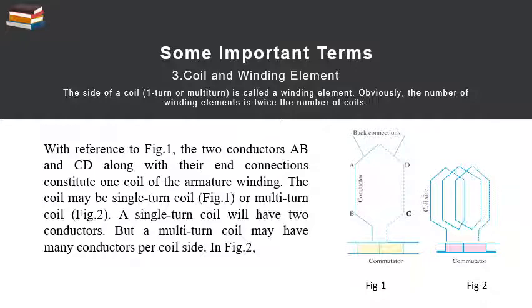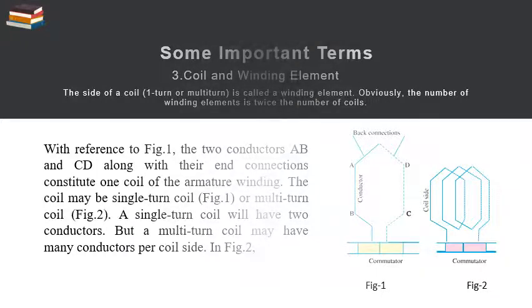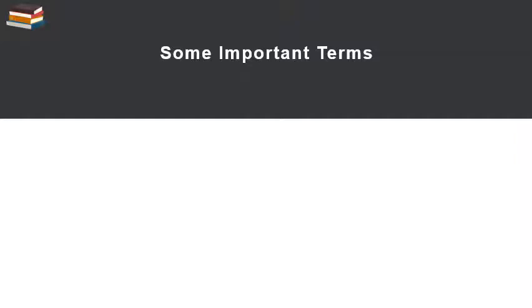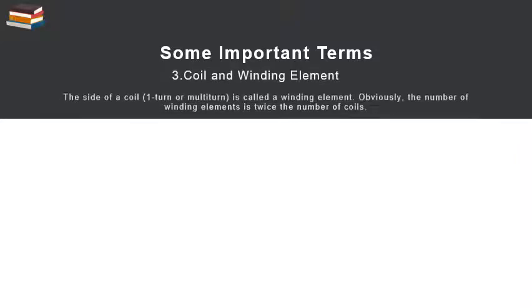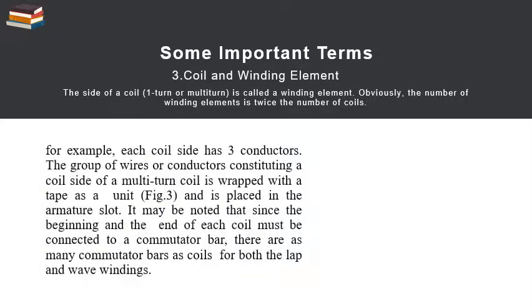Figure 1 shows the single-turn coil, and figure 2 shows the multi-turn coils. For example, each coil side has 3 conductors.